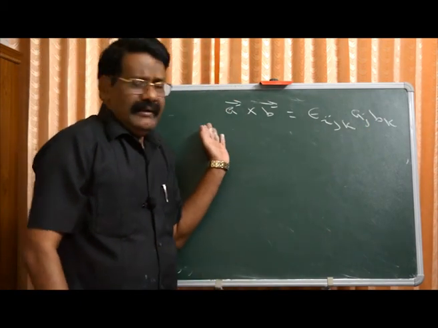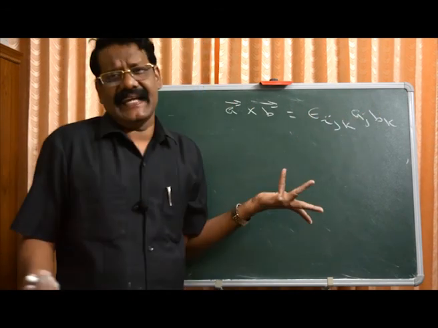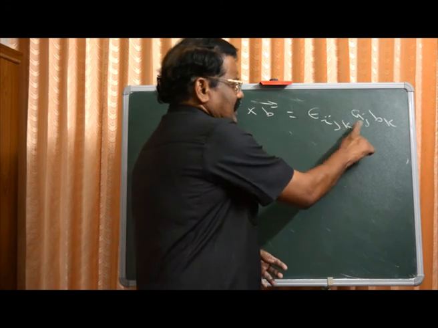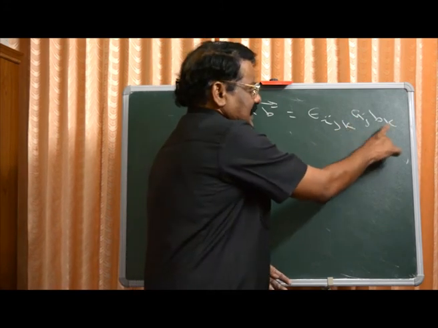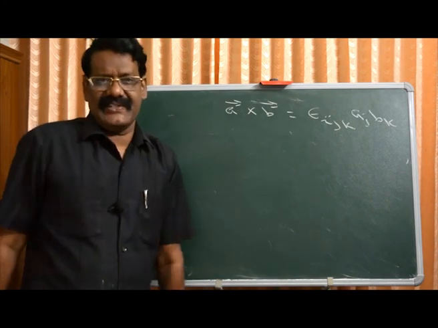You need not write down that this is the ith component, because looking at this you can very well see that it is the ith component, because summing over j will disappear, summing over k will disappear, only i remains. So it is obviously the ith component.